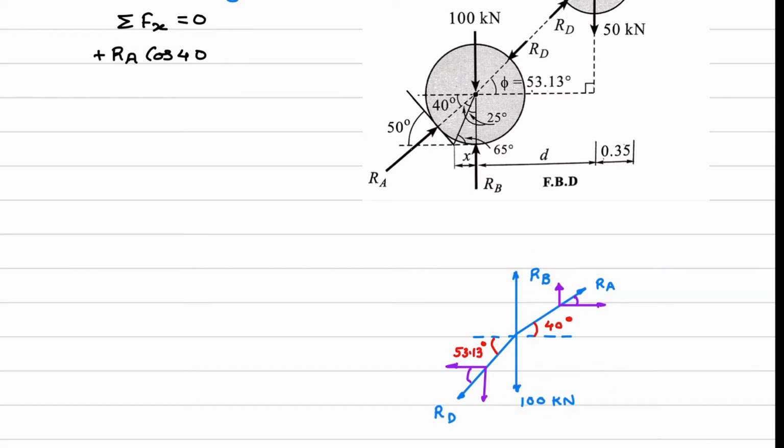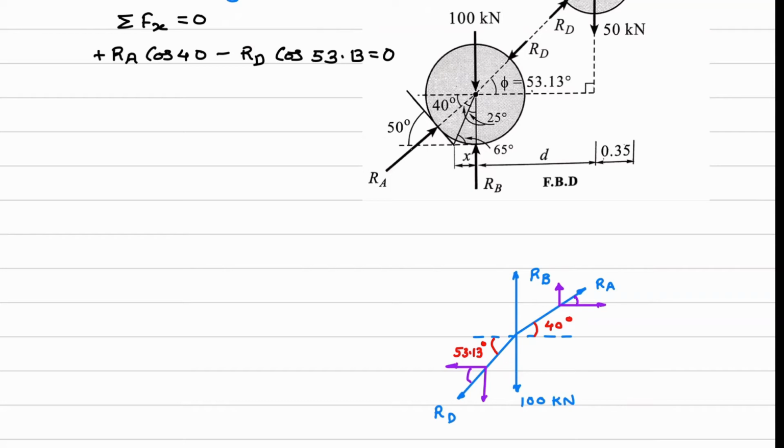Next is this force, RD, and it is towards the negative side. This RD is towards the left-hand side, so it will be negative. So minus RD cos 53.13 equal to 0.